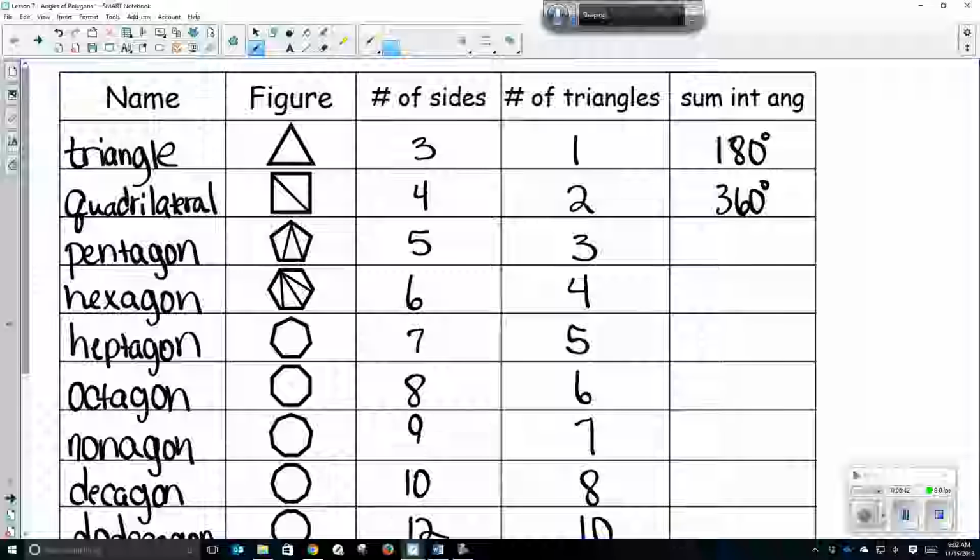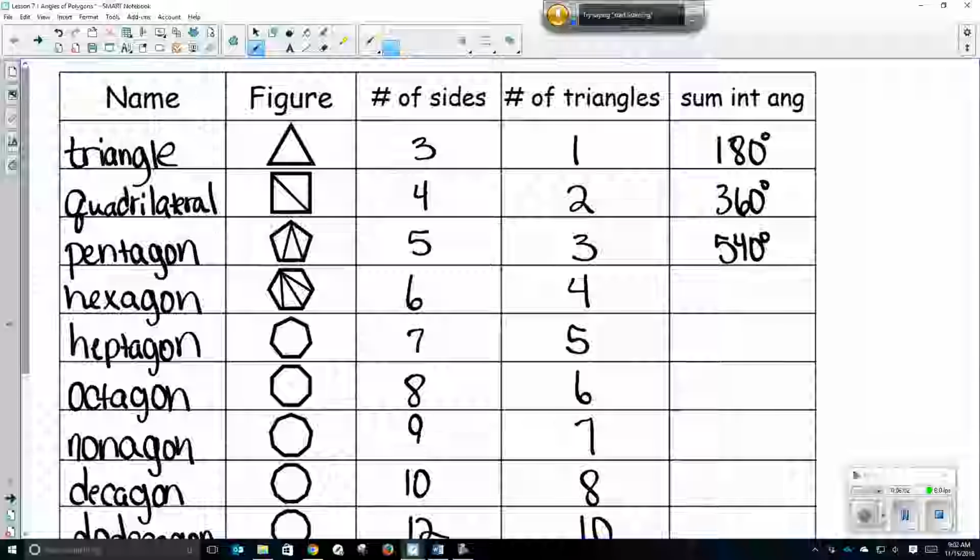But what you need to know is that there are 3 triangles in a pentagon, and 3 times 180 will give you the sum of the interior angles. 3 times 180 is 540? Is that right? I need help here. 540.